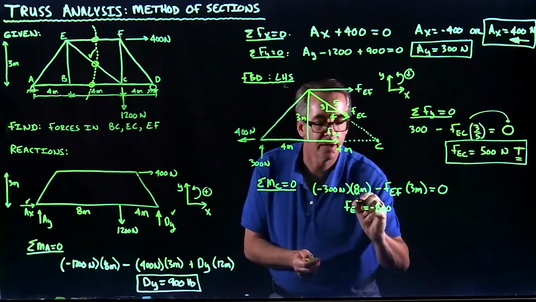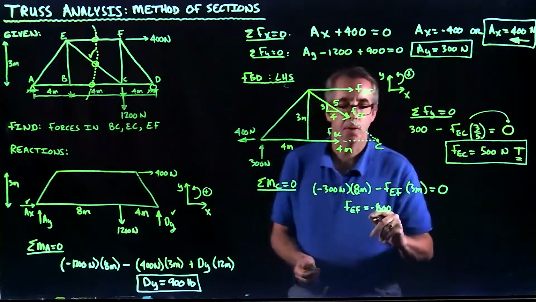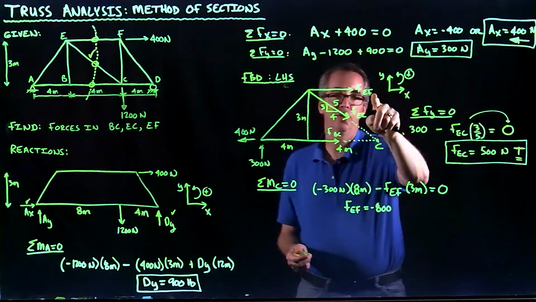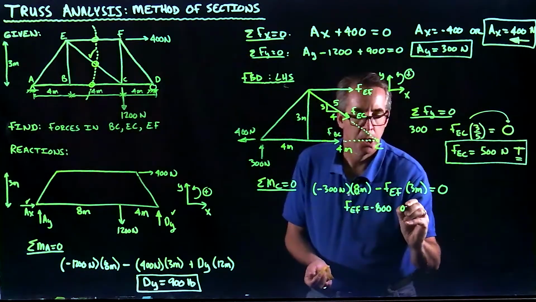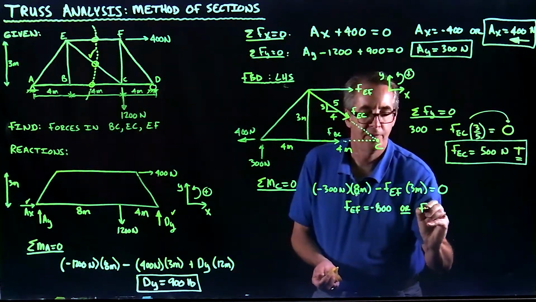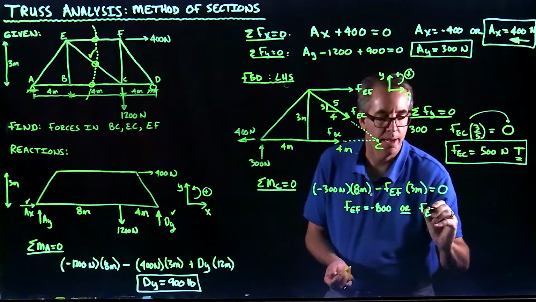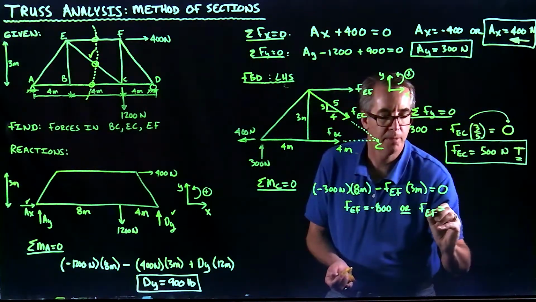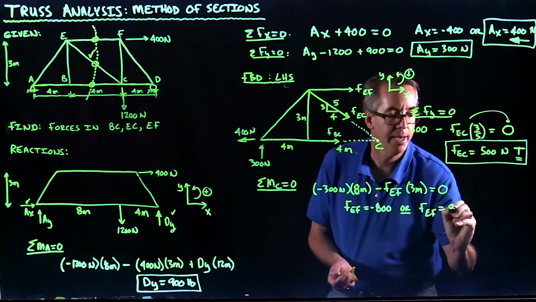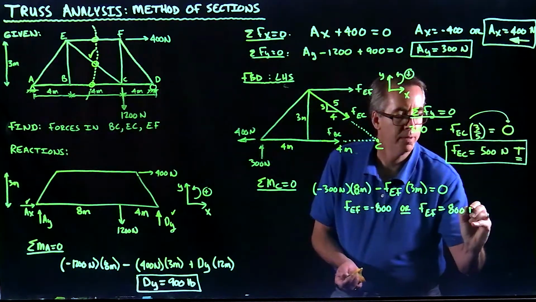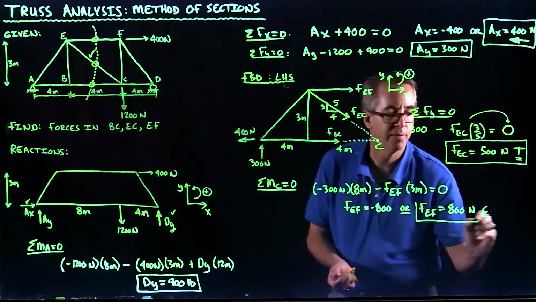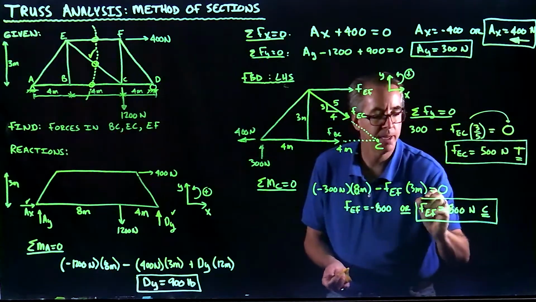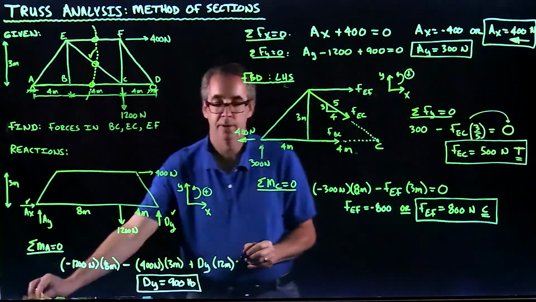This time I'll fix it correctly. Okay, so because it came out minus, my assumption that it was in tension was actually incorrect. So EF, the force in member EF, is going to be 800. The units on that are newtons, and it's going to be in compression, right? Since it came out negative, my assumption about it being in tension is incorrect.